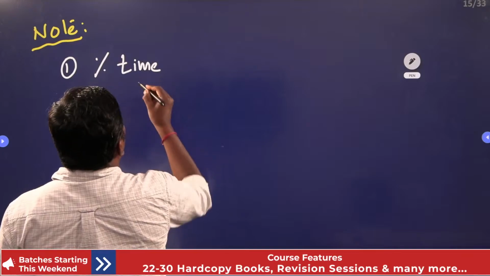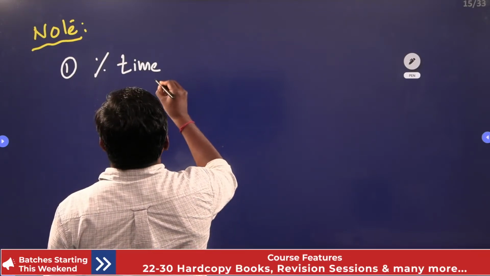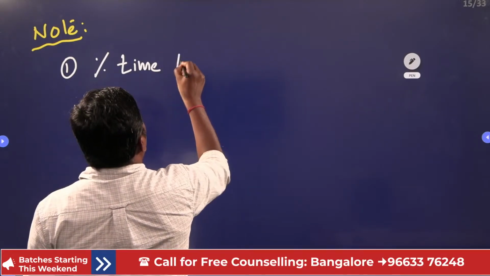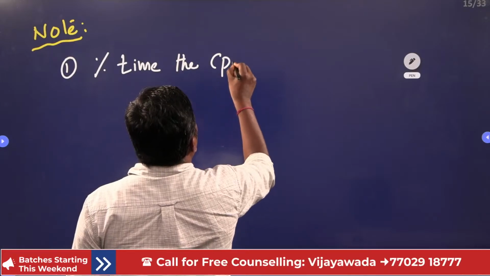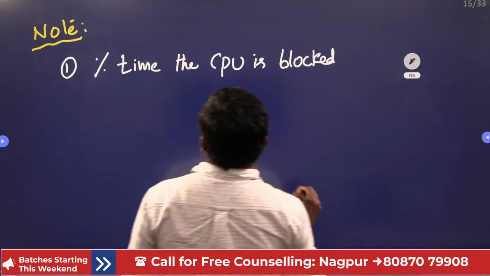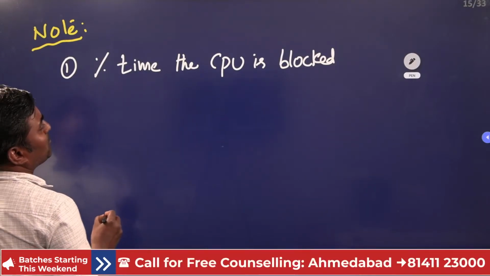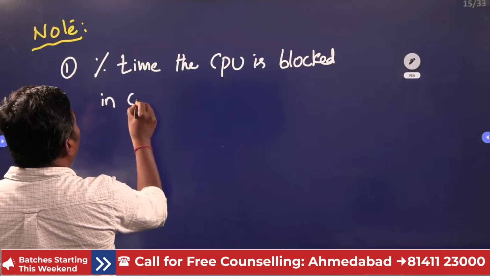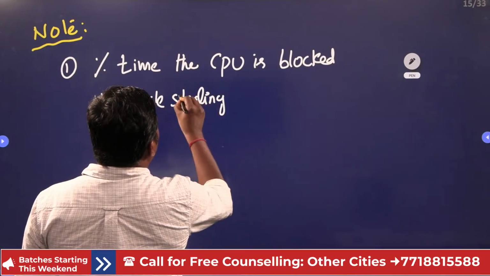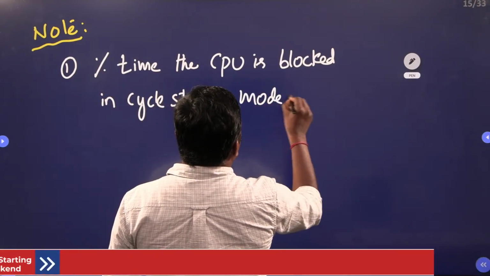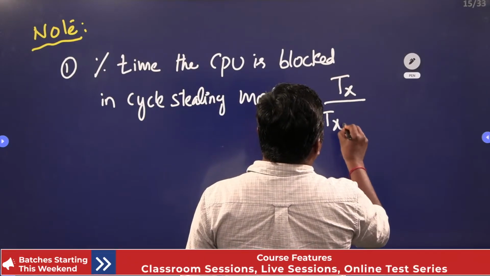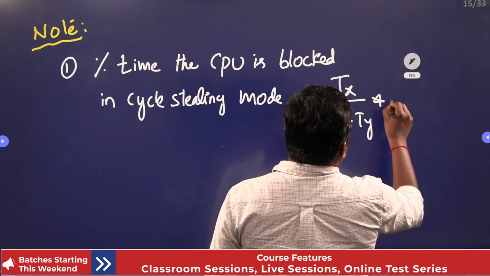What percentage of the time the processor, meaning the CPU, is blocked in cycle stealing mode is given by Tx divided by Tx plus Ty, into 100%.